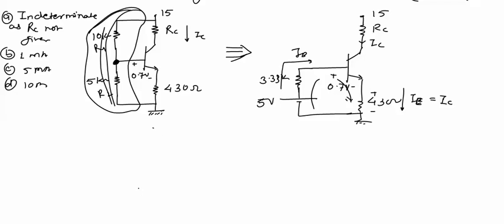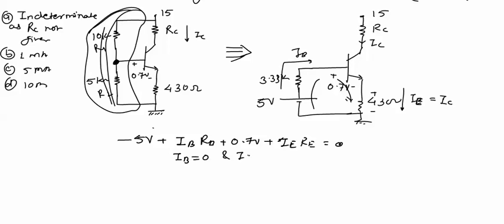Now when we apply KVL in this loop, we get minus 5 volt plus IB into RB plus 0.7 volt plus IE into RE. But when we take approximation, we get IB equal to 0 and IC equal to IE. So this equation reduces to minus 5 volt plus 0.7 volt plus IC into RE.